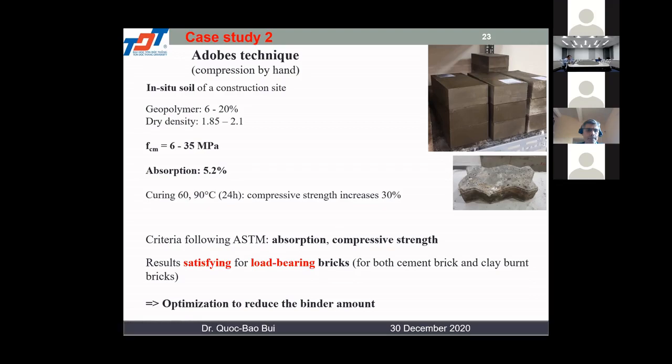And in general, maybe we need it only for non-load-bearing brick. So the optimization may continue to reduce the binder amount to reduce the cost of the brick, at the same time the economical cost and environmental cost.